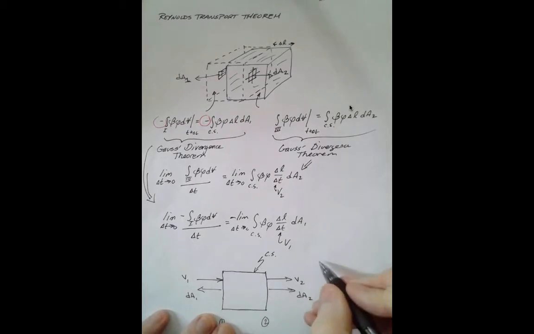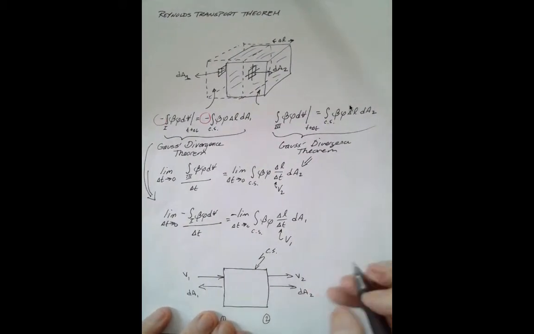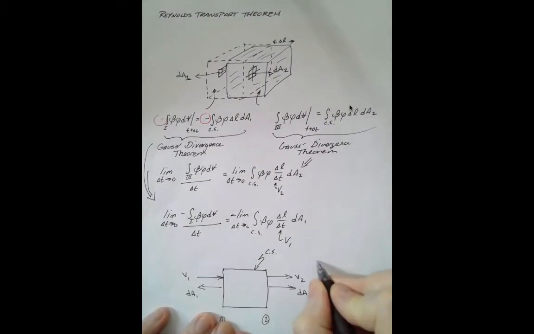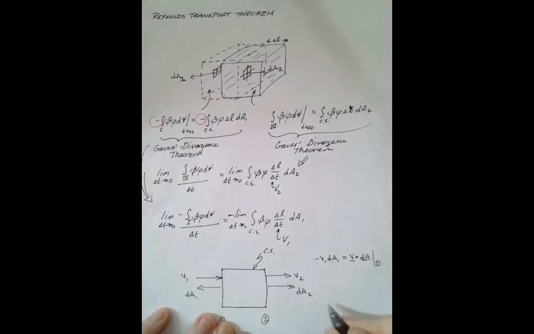Okay, so to put that in some sort of algebraic context, on the left face we have minus V1 dA1, which happens to be equal to the vector V dot dA evaluated at location 1. On the right face we have V2 dA2.